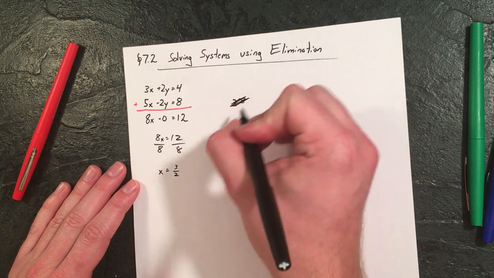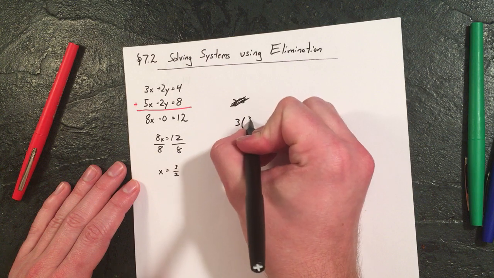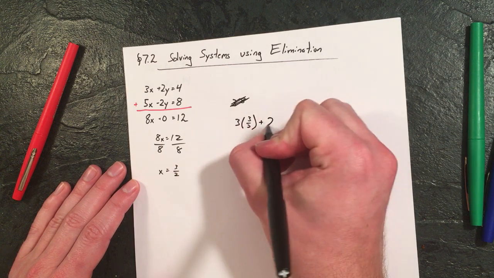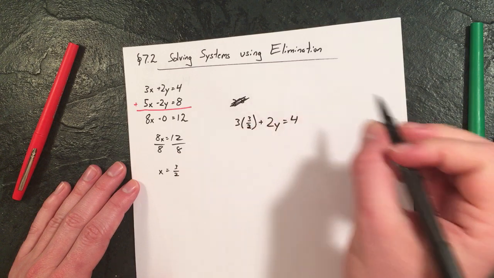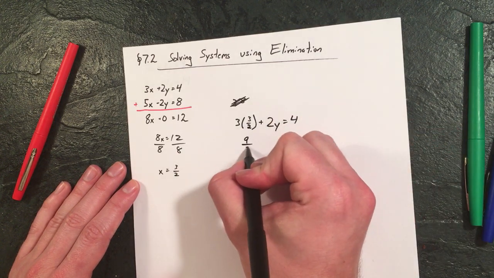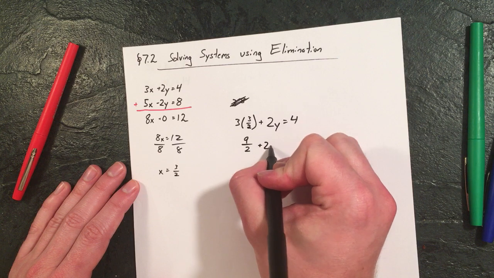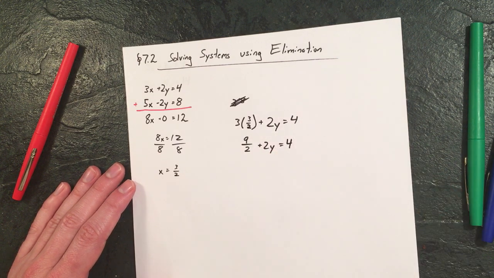What am I looking for here? 3 times 3 over 2 plus 2y equals 4. So we get 9 over 2 plus 2y equals 4.